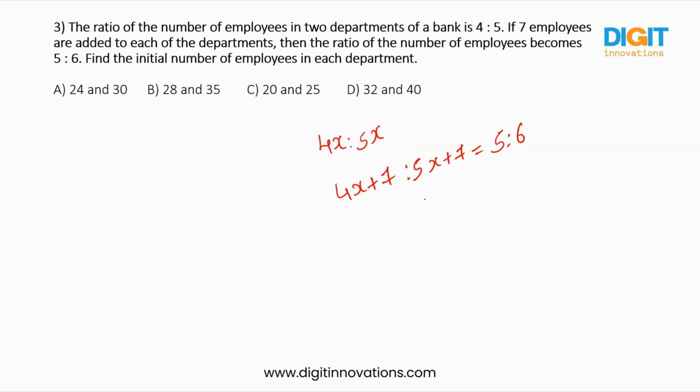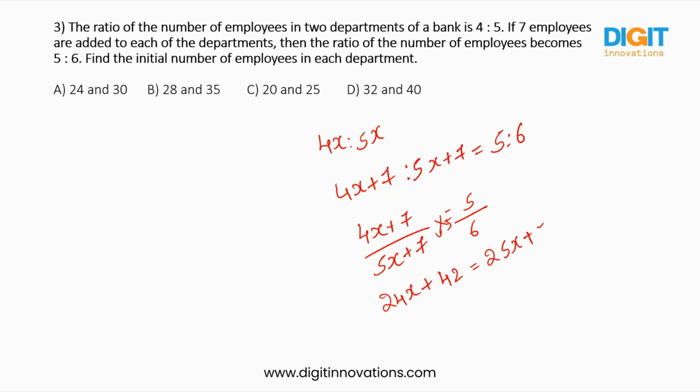A is to B, you can write it as A by B, right? So 4x plus 7 by 5x plus 7 equals 5/6. Now I'll simply cross multiply here. 6 fours are 24, so 24x plus 42 equals 25x plus 35.